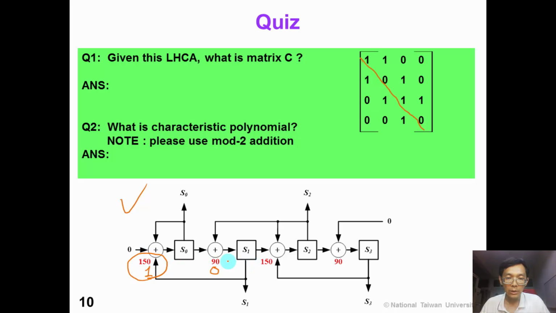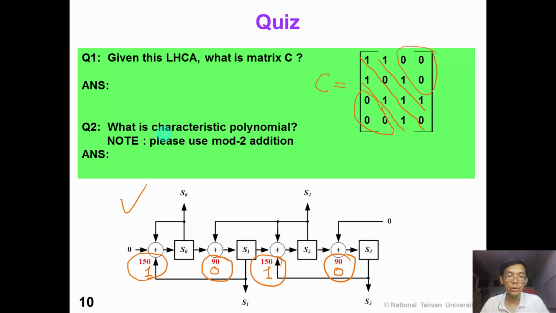For 90 cell, it's a 0. So we have 1, 0, 1, 0 on this diagonal line. On top of this diagonal line, we have 3 ones. Below this diagonal line, we have 3 ones. The other elements are all 0. So this is the C matrix.